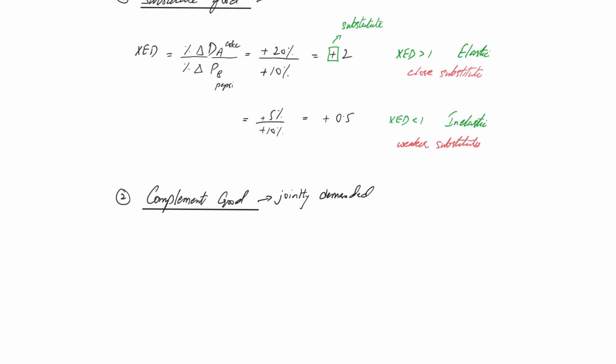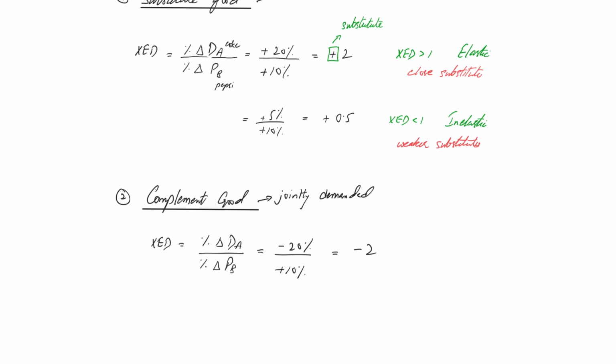Now, what's happening in this one? Well, let's see. What happens to the demand for A when there is a change in the price for B? So, let's say there is a 10% increase in the price for good B, the demand fell by 20%, so -2.